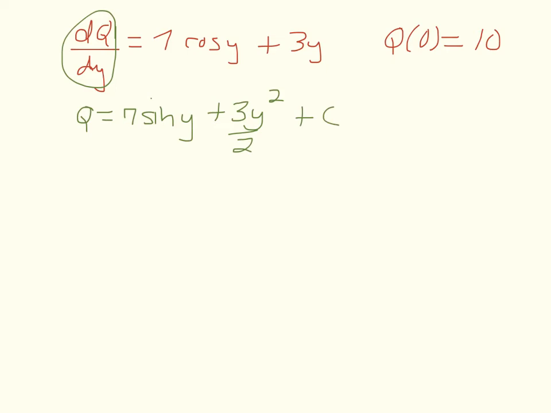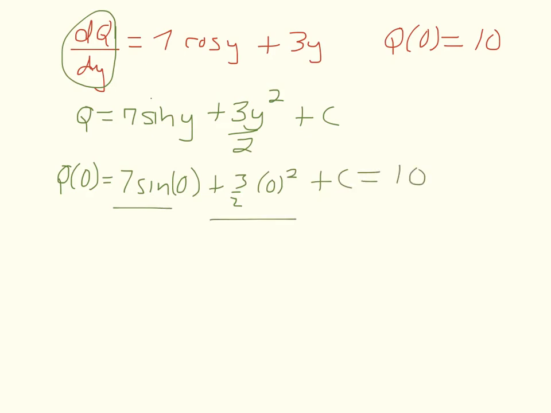And I know this says that when I plug in 0, I get 10. Well, q of 0 would be 7 sine 0 plus 3 halves 0 squared plus c, and that's supposed to equal 10. Well, I know this goes to 0, this goes to 0, so c must equal 10 in this case.